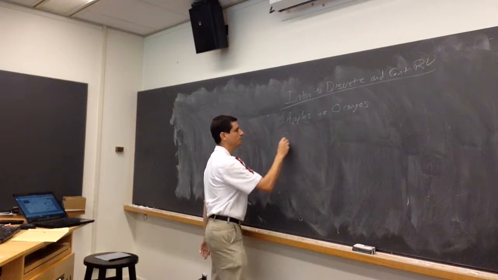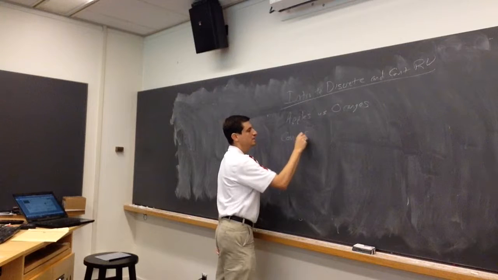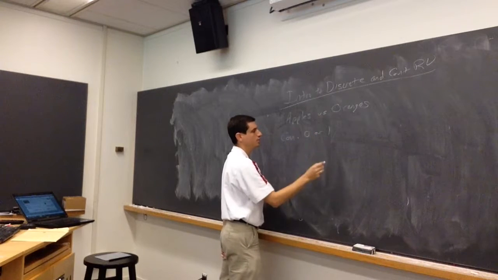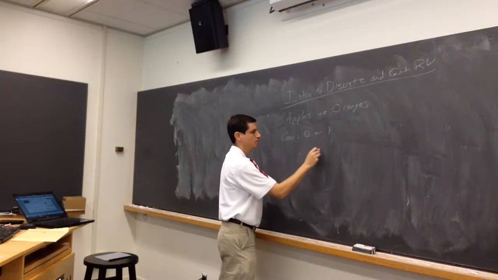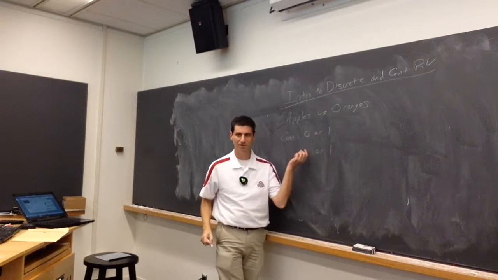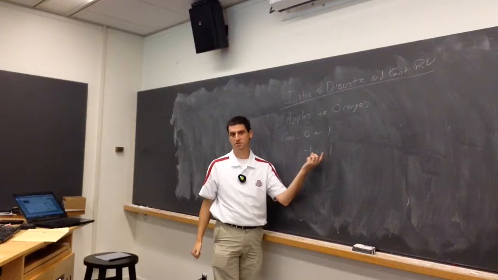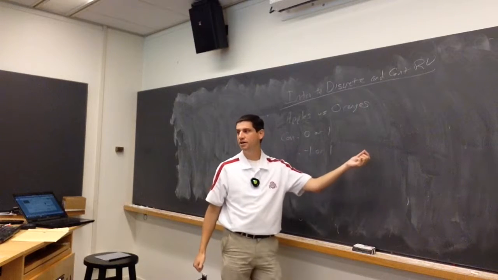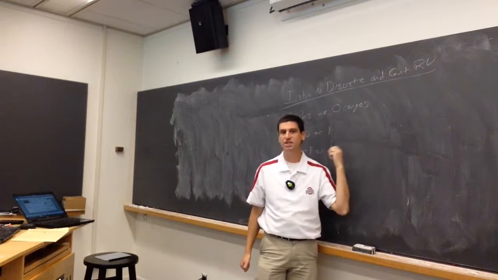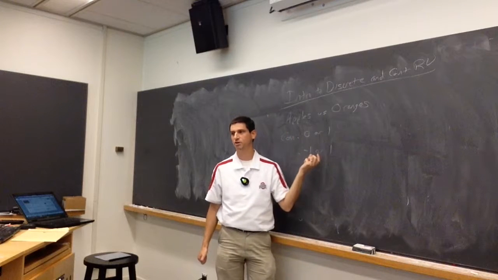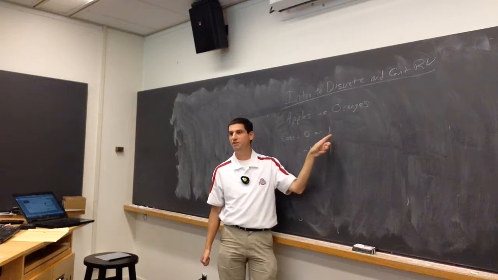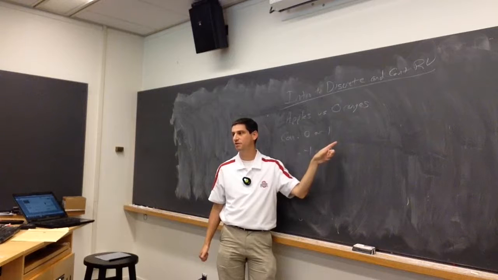So toss a coin, 0 or 1, or the other possibility is negative 1 or 1. What should the other one be? Negative 1. The advantage of this is now balanced. If I want to sum the outcomes, if I have the same number of heads and tails, the sum will be 0. If I look at this one, the advantage is if I sum the number of outcomes, I get the number of heads.